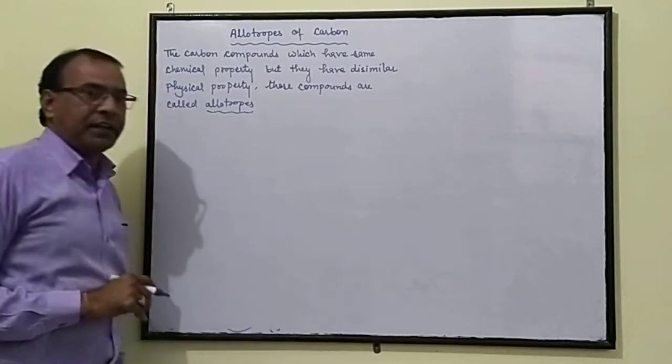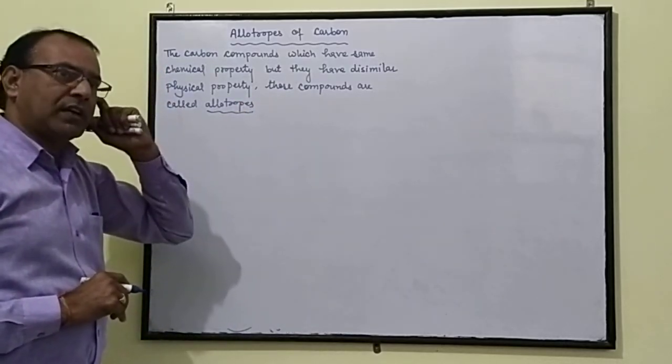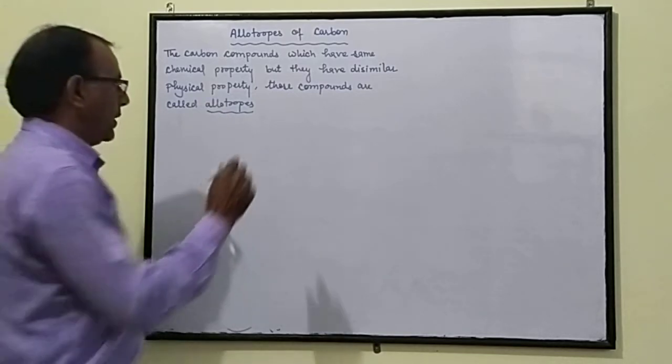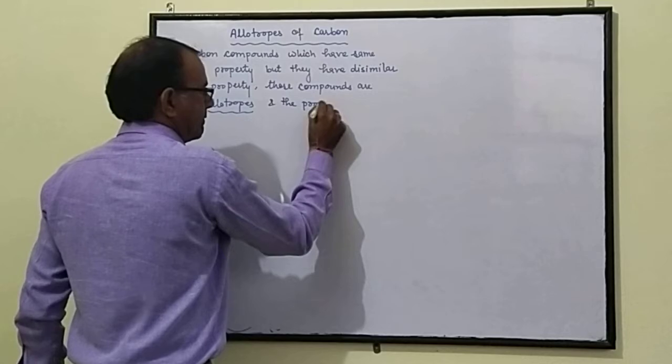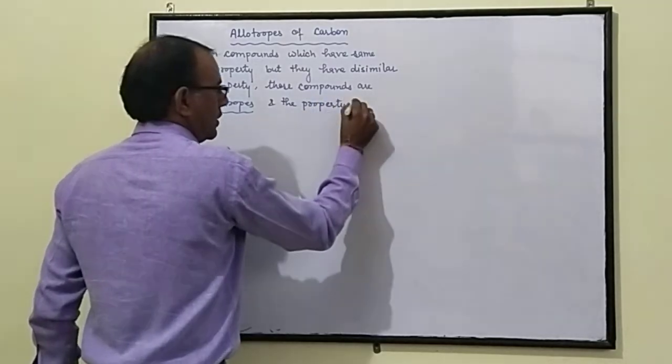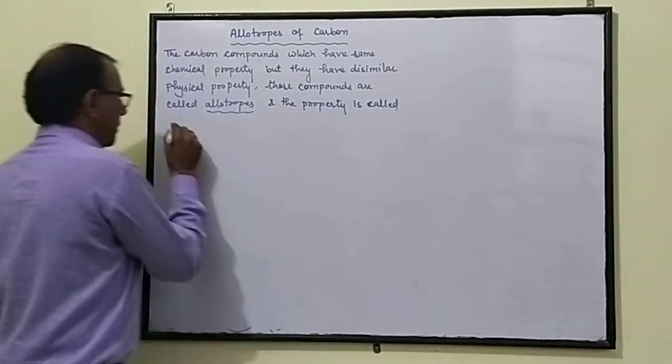And this property, in which compounds show the same chemical property and different physical property, is known as allotropy.